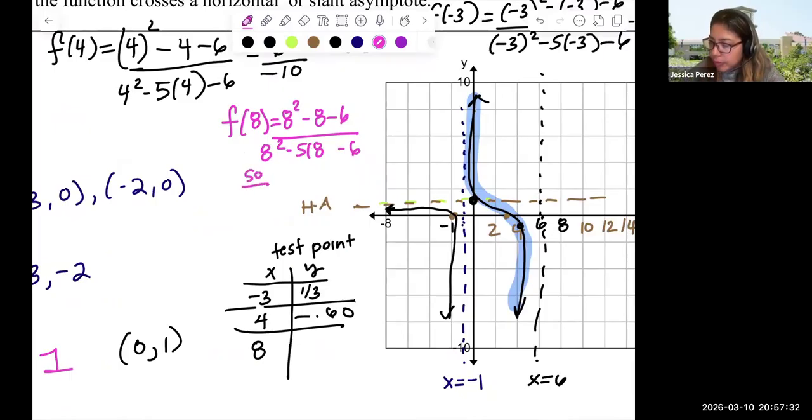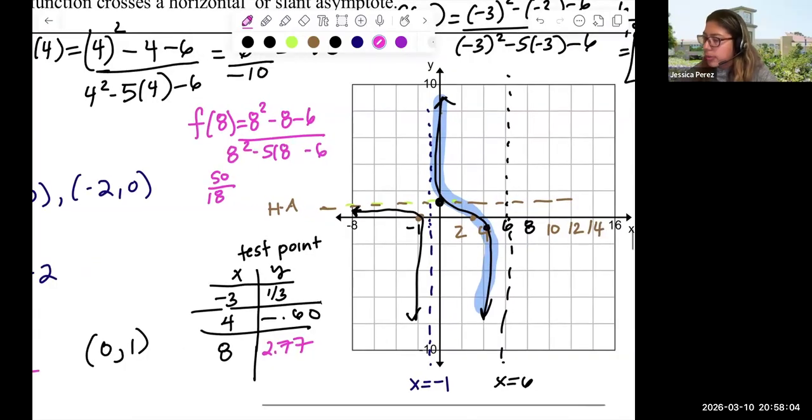So it's going to be 50 over 64 minus 40 minus 6, it's 18. So that's going to give you something positive. So 50 over 18 is going to be 2.77. So that means it's going to be above the x-axis.